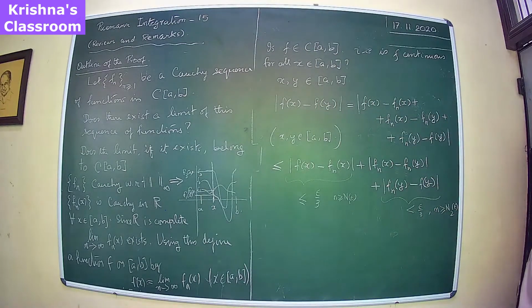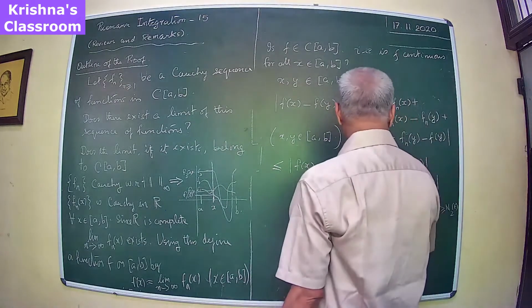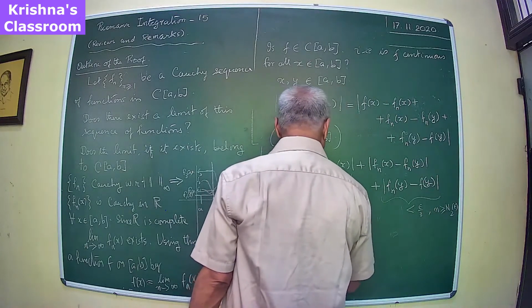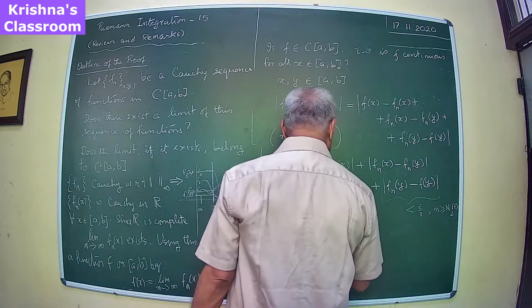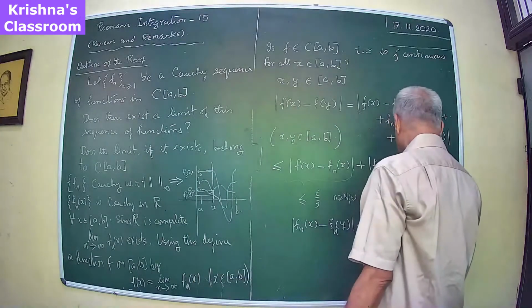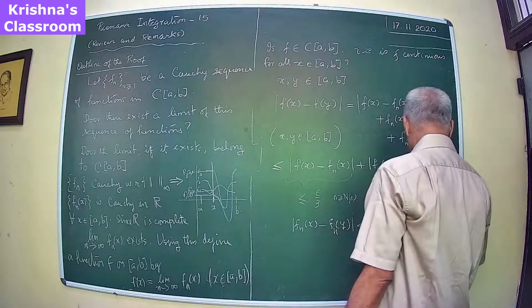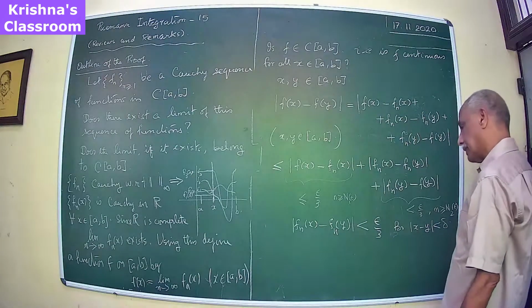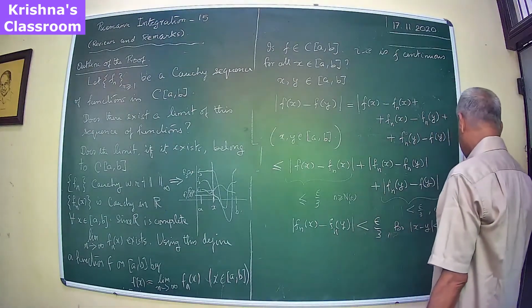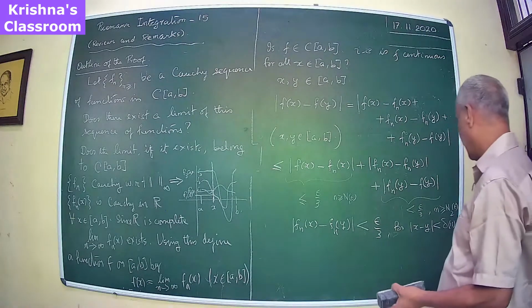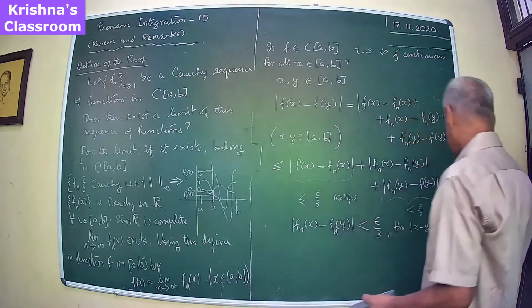This you know, you have continuity of fn, so that gives less than epsilon by 3 for mod x minus y less than delta, which depends on n, as well as x and y and so on.